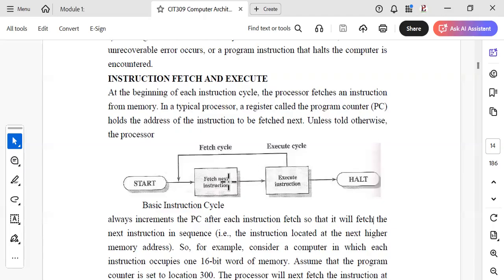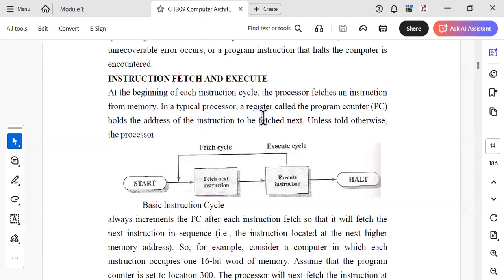So the CPU will not just fetch and go to execute. It has to understand what the instruction is asking it to do. Is it asking for an arithmetic operation like addition, subtraction or multiplication, or is it asking me to compare something or to analyze something? So the computer will need to first digest that instruction before executing it.